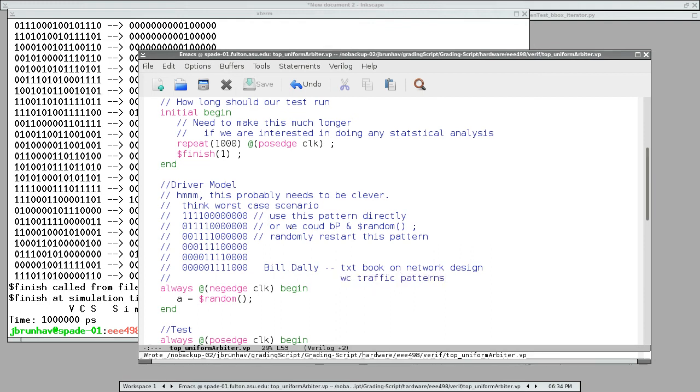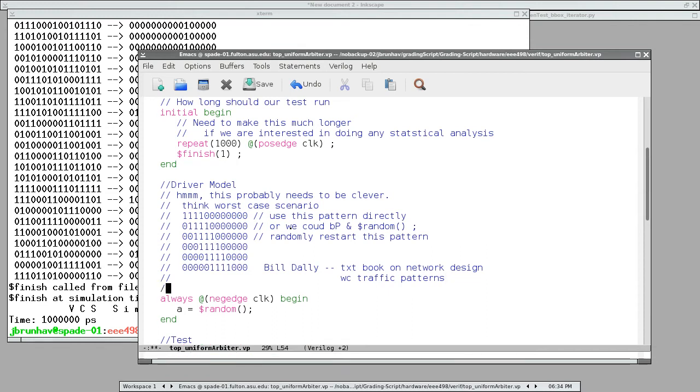And if you're a company like Cisco or Qualcomm or Intel and NVIDIA with respect to their own interconnects, they would have worst case traffic patterns against these arbiters.